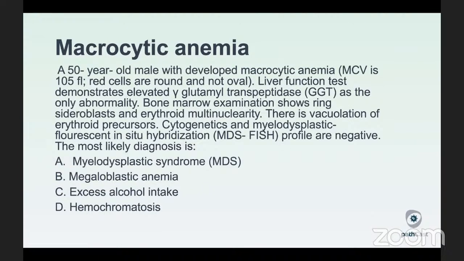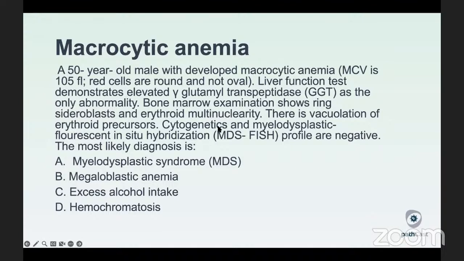Another question for macrocytic anemia: we have a 50-year-old patient, MCV is high, 105. Liver function test shows elevated GGT, gamma GGT, an important enzyme you need to remember. The bone marrow shows some ringed sideroblasts and erythroid multinuclearity, which is a morphologic dysplasia, and vacuolization of the erythroid precursors, also a dysplastic feature.